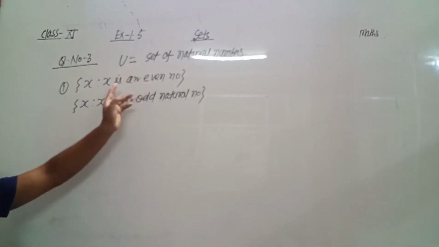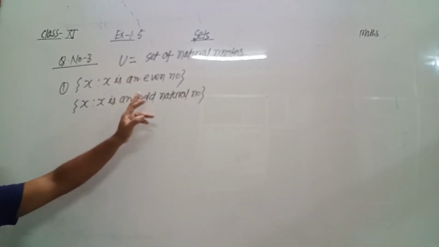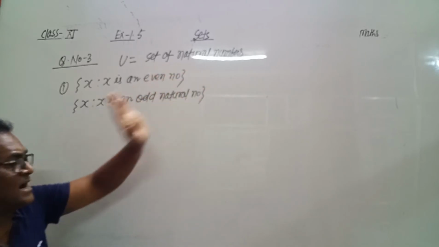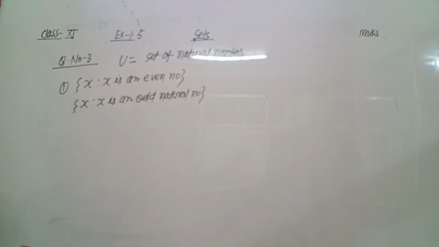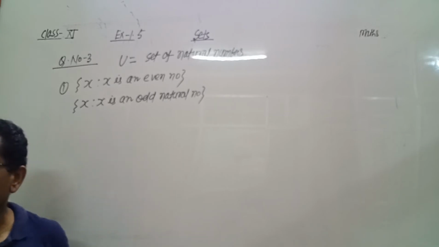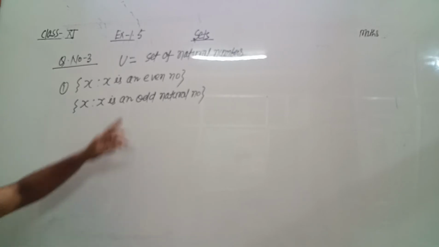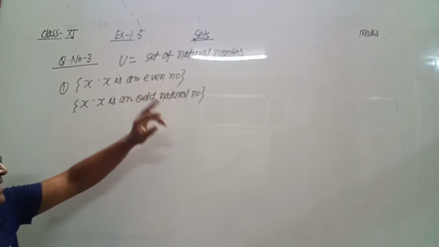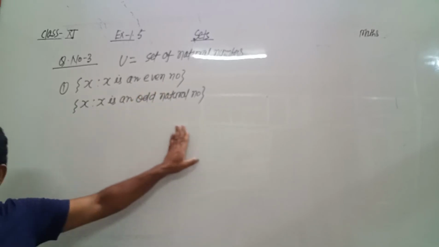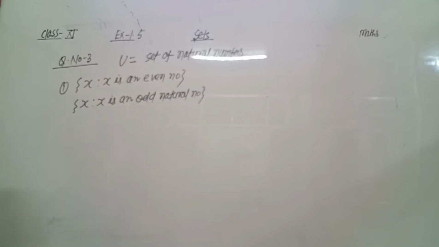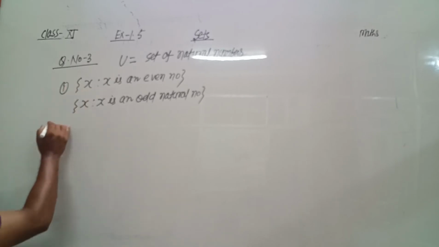The universal set is the set of natural numbers, which means odd natural numbers and even natural numbers. So if we remove the even numbers from odd plus even natural numbers, what do we get? Odd natural numbers. This is the complement of this set.